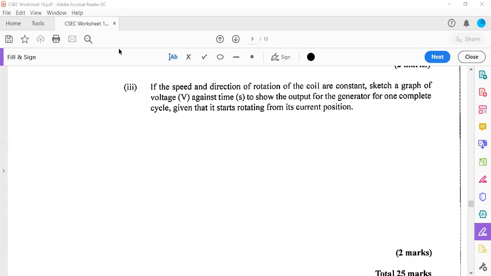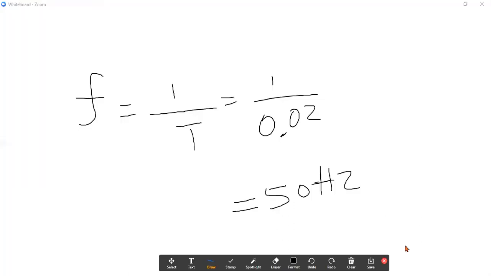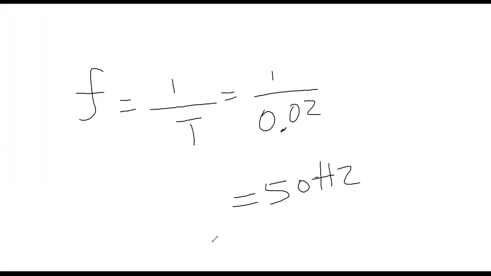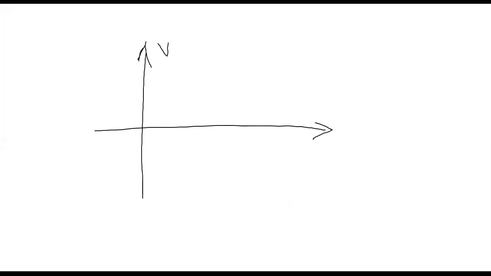So you're going to have your voltage against time. That means your graph should look like this for one complete waveform, right?